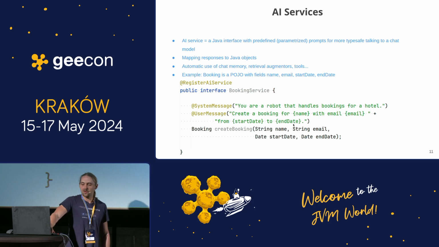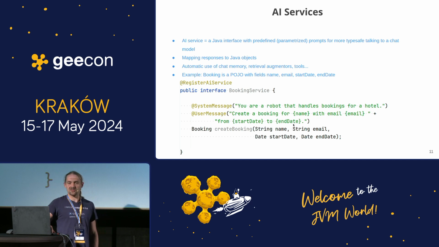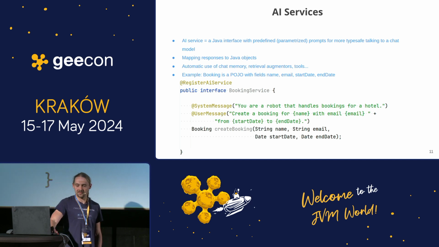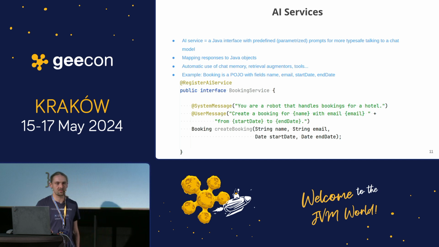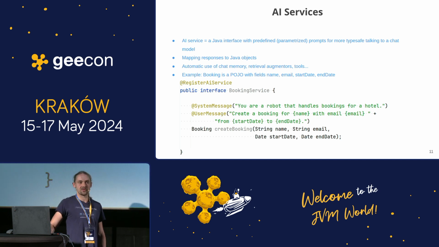And what it will also do, because you declared the method to return booking, is that the Langchain4j engine will also automatically scan that booking class and tell the LLM how to exactly format the response so that it will be possible to map the response to a booking object.